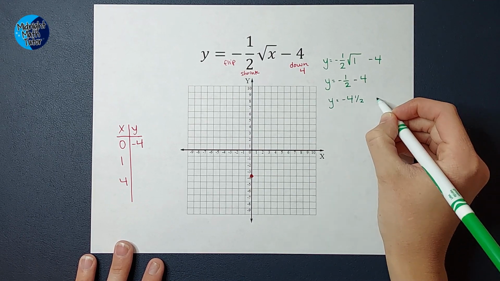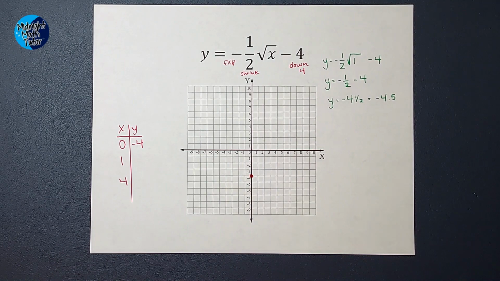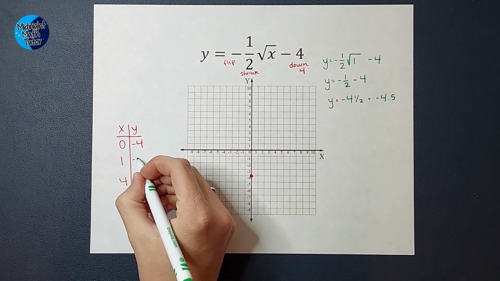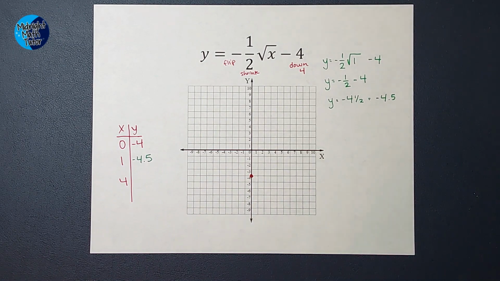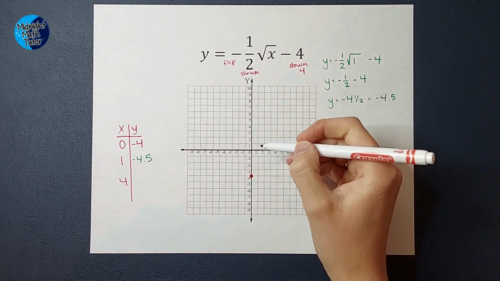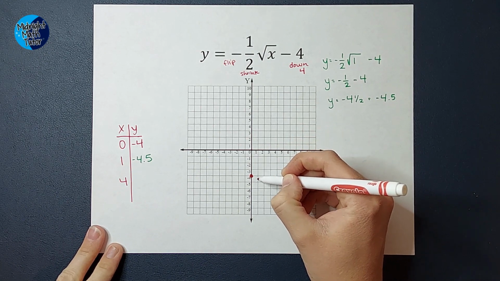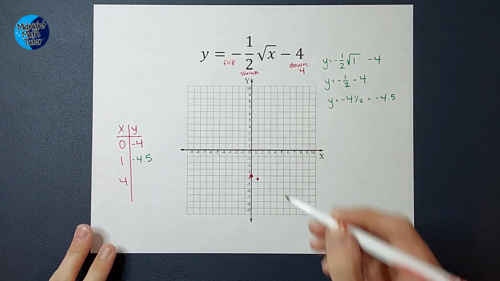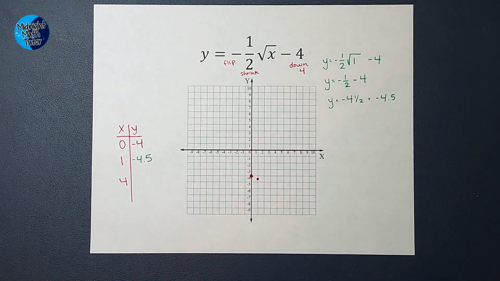Or we could think of it as negative 4.5 if that's easier for you to think of. Either way. So when I plugged in 1, I got negative 4.5. Okay, so let's go ahead and graph that. So when I do 1, I got negative 4.5. So about there. This is good news because remember I said it should be going down, and it is.